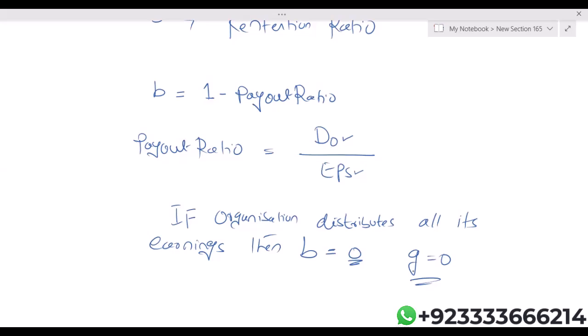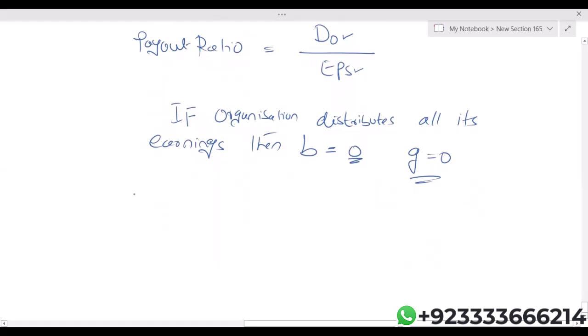But when you're not retaining anything for reinvestment, the growth rate is 0.